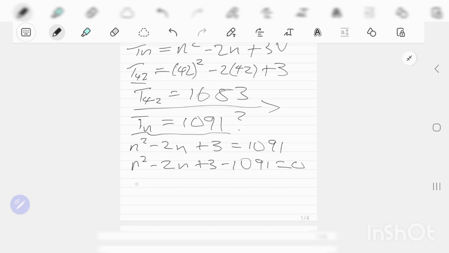And then when you go on to n squared, then press on your calculator, you do your own calculation. That's what you're going to get, is equal to 0.